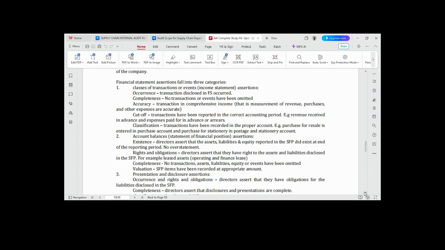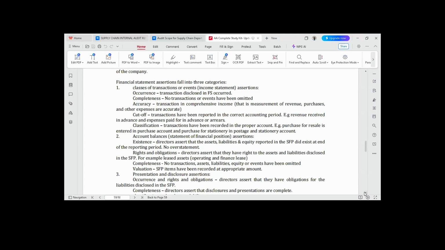Printing and stationery. That's the account code you use for posting stationery. So the auditor will now ask for documentary evidence. Where is the invoice of the stationery that you bought? The auditor will check that invoice.